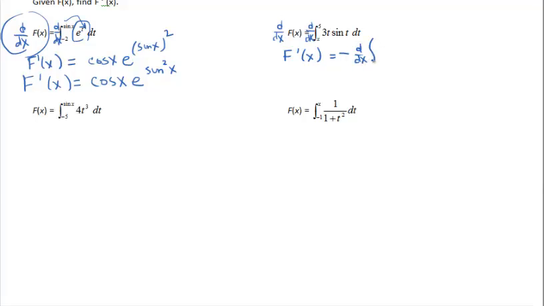Try not to do too much in one step. So the opposite, these two are going to cancel, if you will. Find the two things: derivative of x, which is 1, and then replace x in for every variable. Negative 3x sine of x.